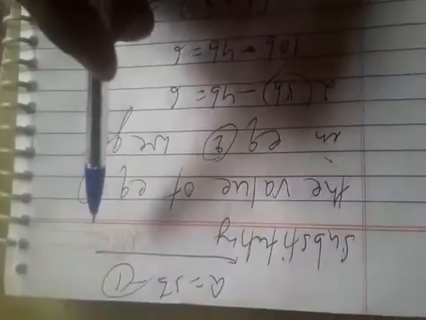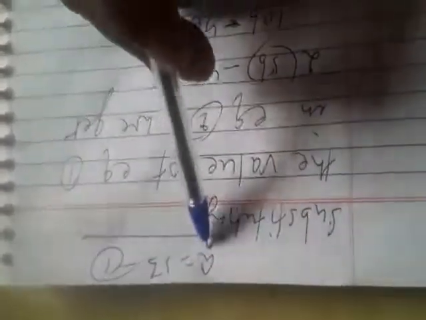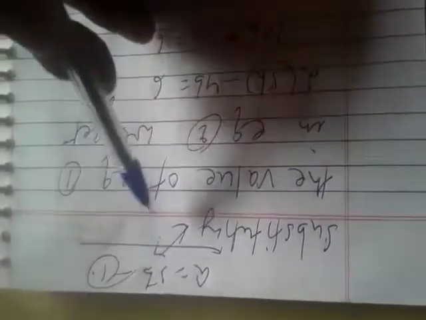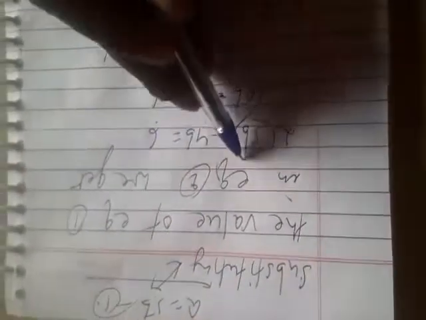Now we have obtained equation number 1, that a is equal to 5b. Now we substitute the value of equation number 1 in equation number 2. Since equation number 2 was 2a minus 4b is equal to 6, instead of a we will write 5b.